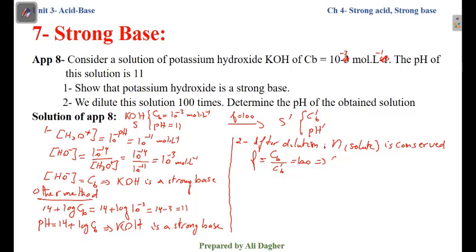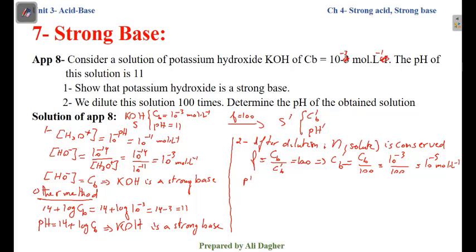Therefore, C'b equals Cb over 100, equals 10^-3 over 100, equals 10^-5 mole per liter.